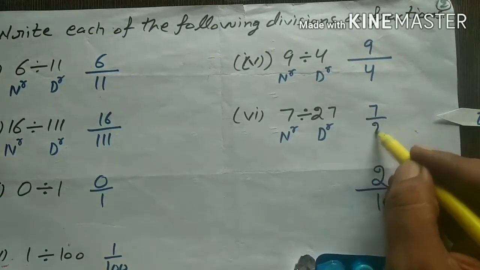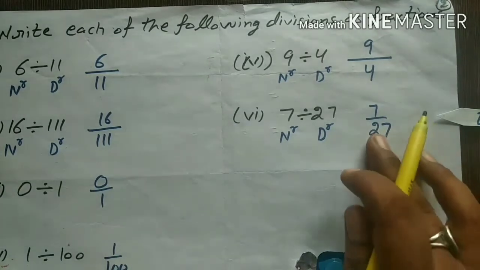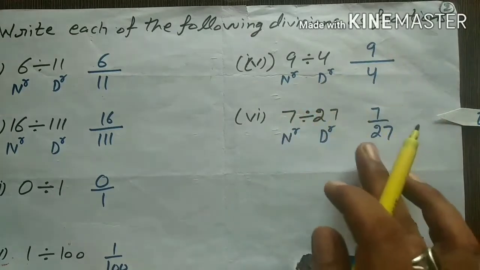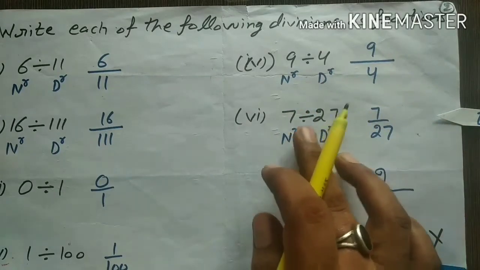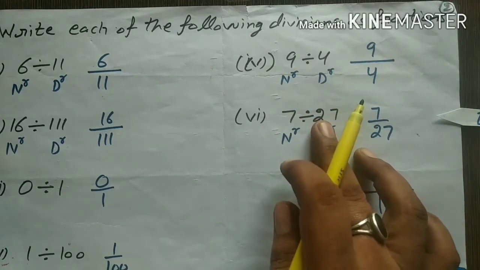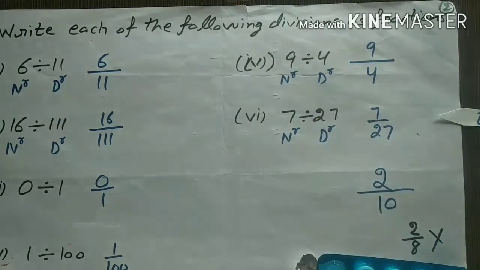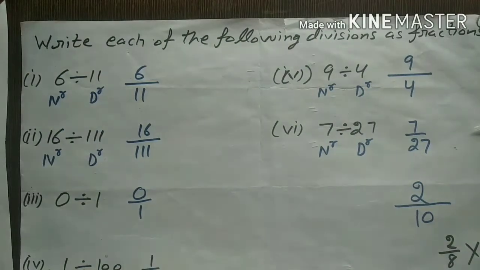So 7 over 27. This is the fractional form. Earlier it was given in the division form. Division was given and we have converted this into fraction. So student, keeping this fact in our mind, we move to the next question.